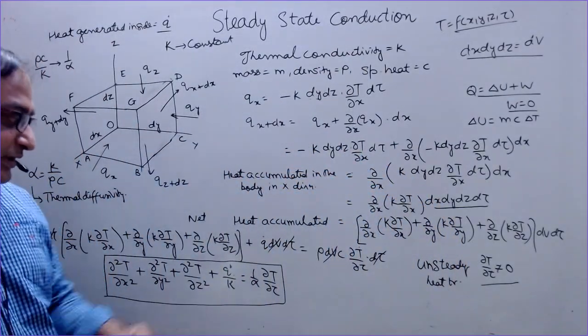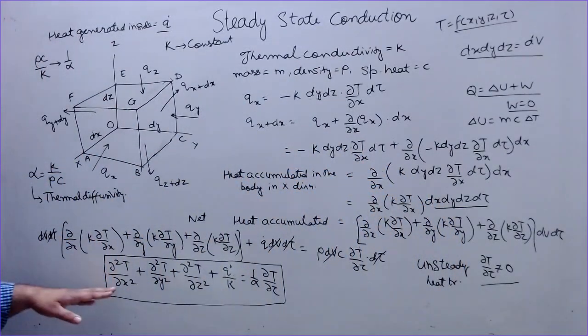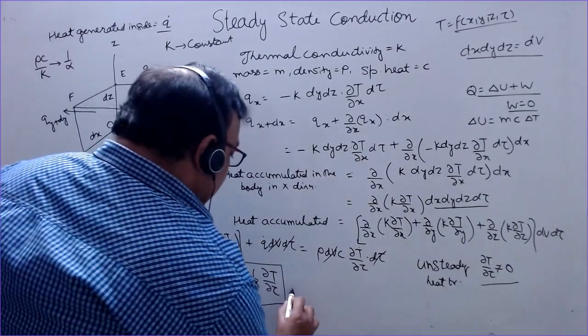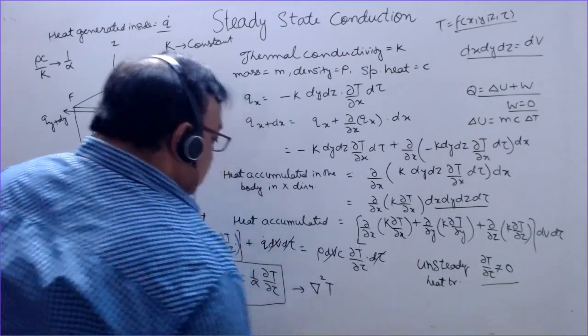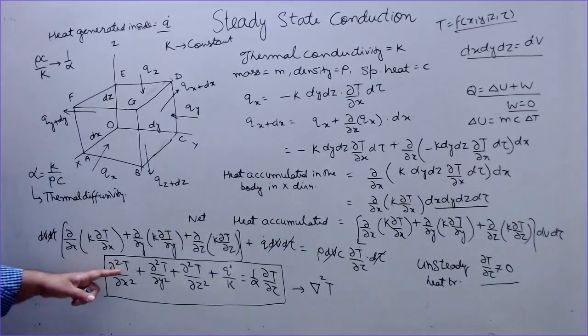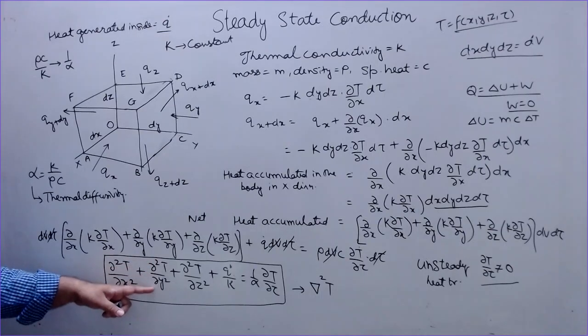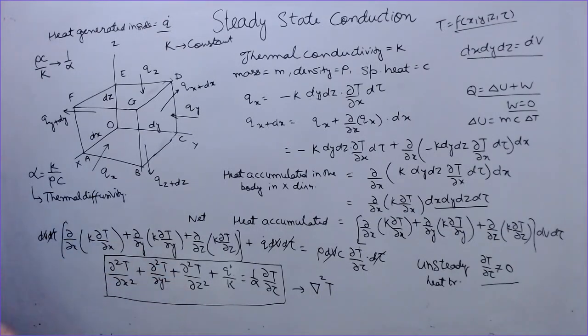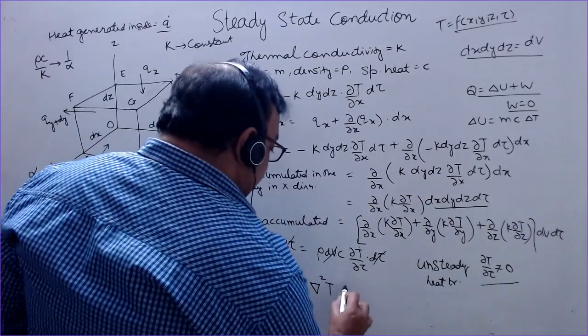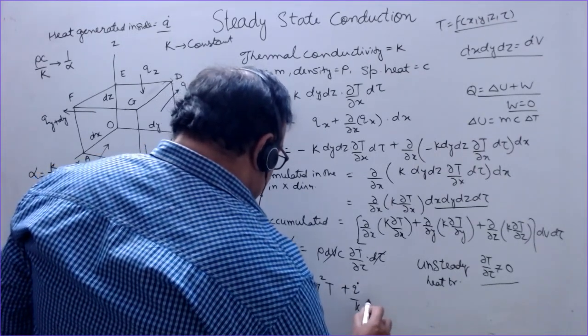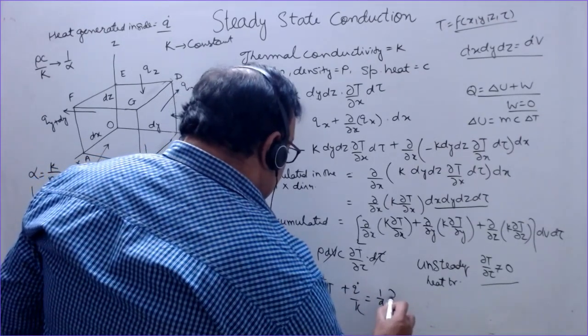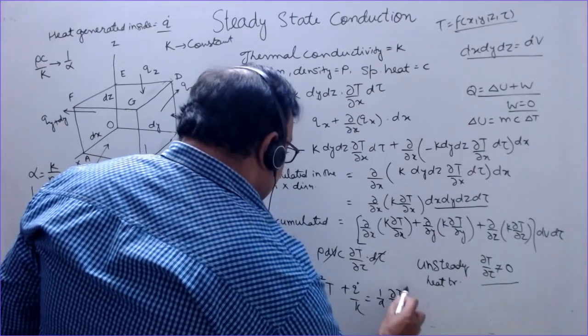So friends, this is the equation. Now this, according to Fourier's equation, can be written in this form also: grad square T. Grad square is the operator, del square by del x square plus del square by del y square plus del square by del z square, plus the heat generated Q dot by K is 1 by alpha del T by del tau.